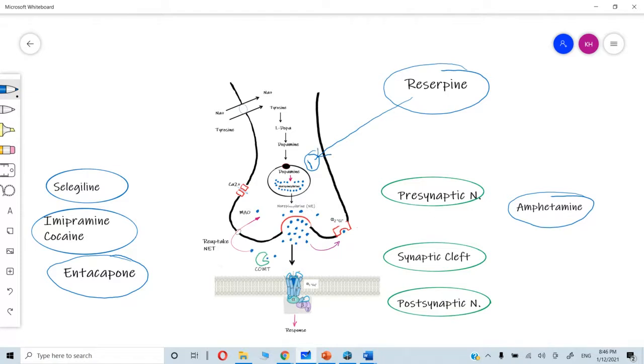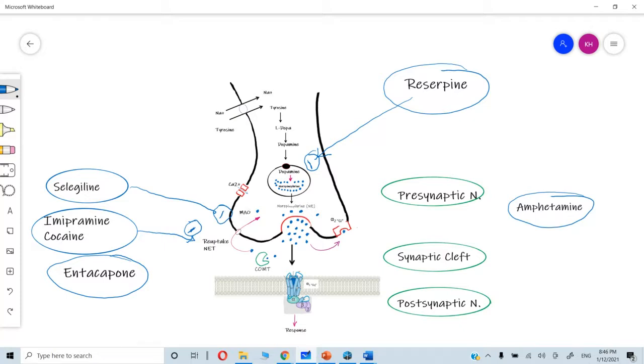What about selegiline? Selegiline inhibits the enzyme monoamine oxidase, and for this reason selegiline is used as an antidepressant medication. Imipramine and cocaine inhibit reuptake.